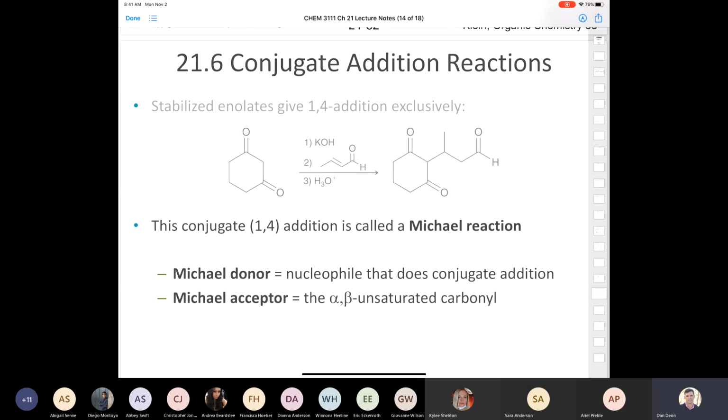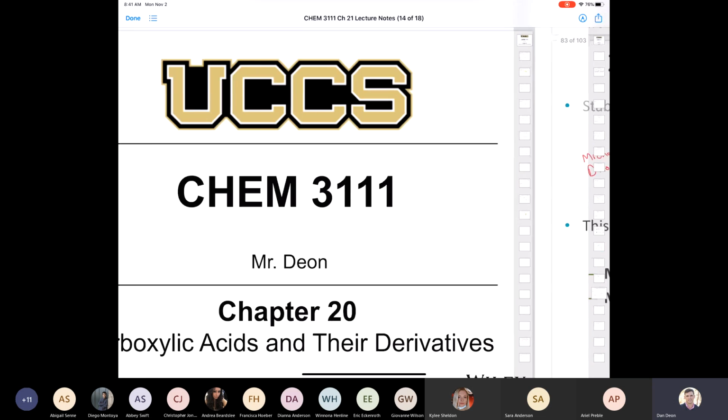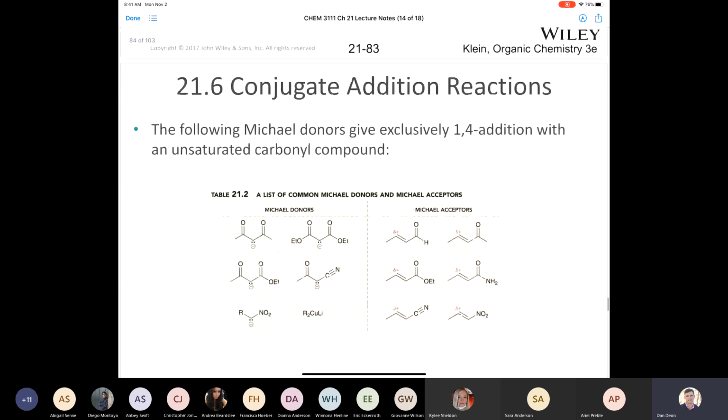So this would be the Michael donor, and then this here is the Michael acceptor. Okay, so Michael reaction. Sometimes I call it Michael addition, which probably isn't correct, but anyhow, sometimes I call it that. Just a Michael reaction.